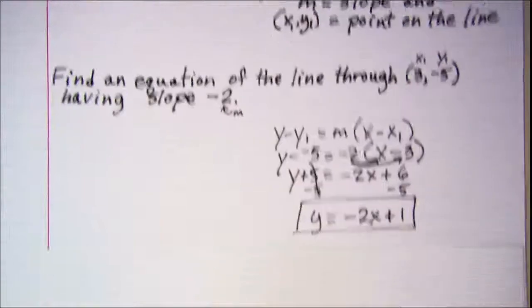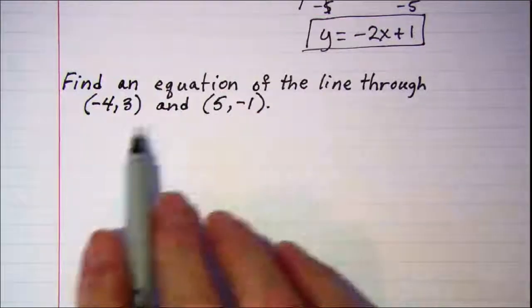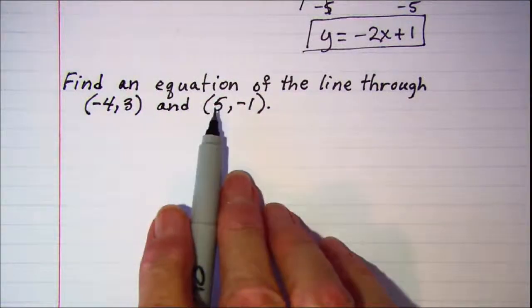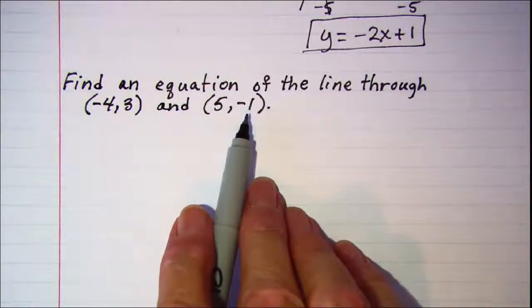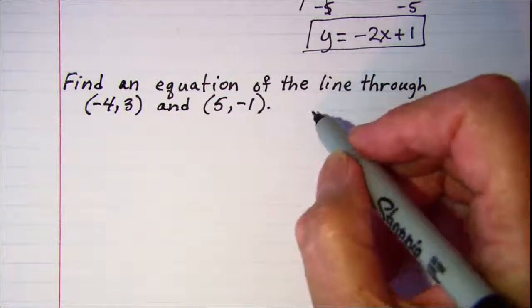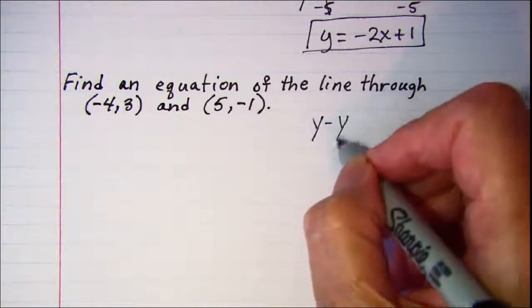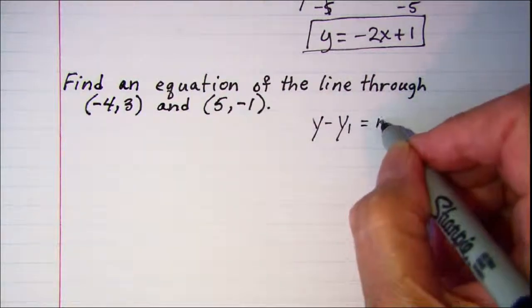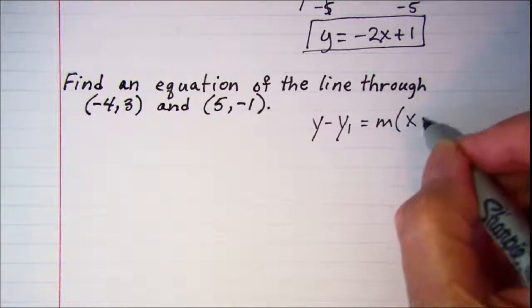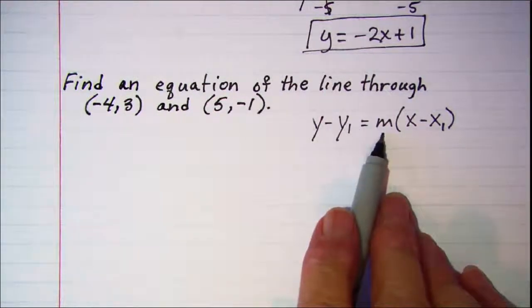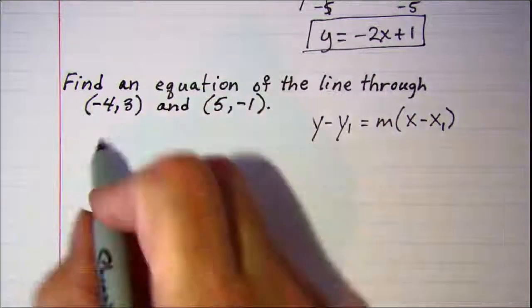Let's do another example. Find an equation of the line through -4, 3, and 5, -1. Now, in order to use the point-slope form of a linear equation, y minus y1 equals m times the quantity x minus x1, we need to find a slope. So let's do that first.